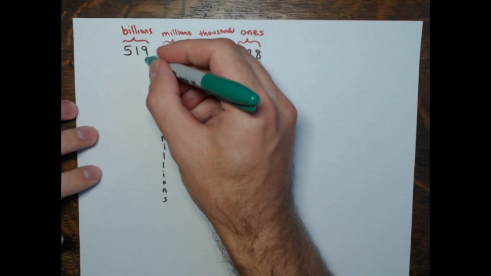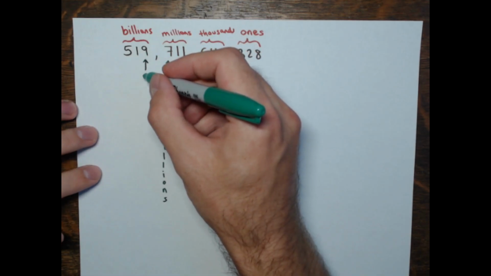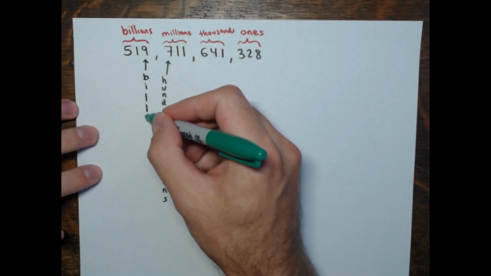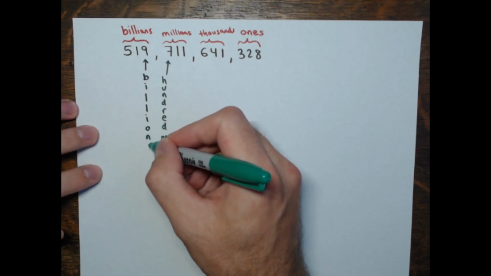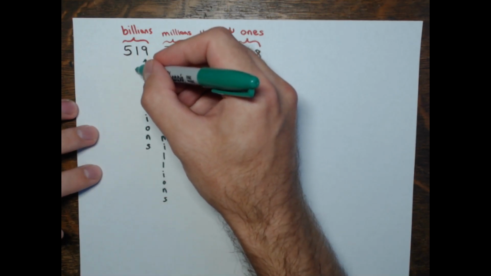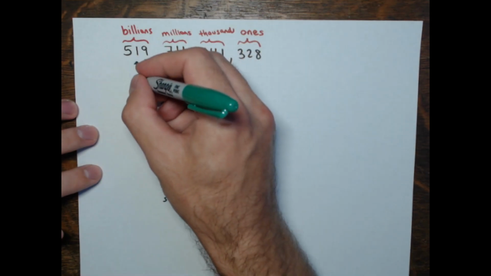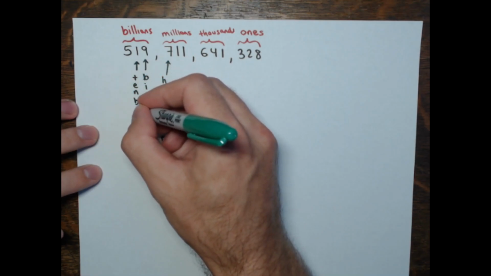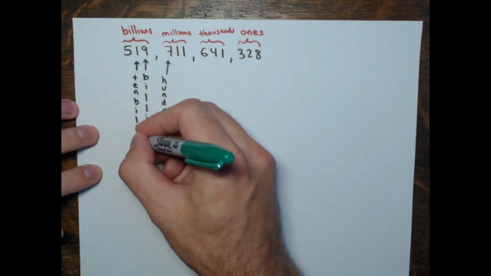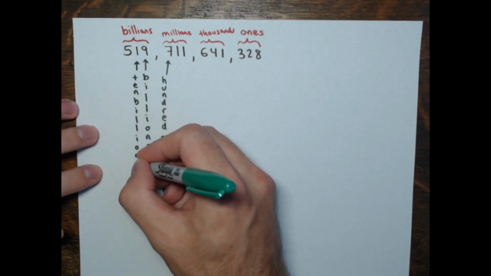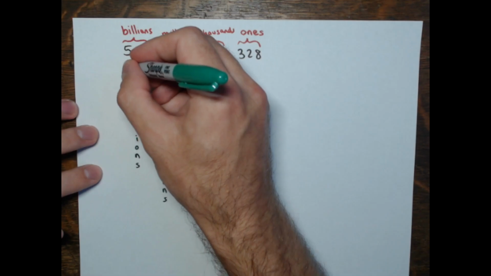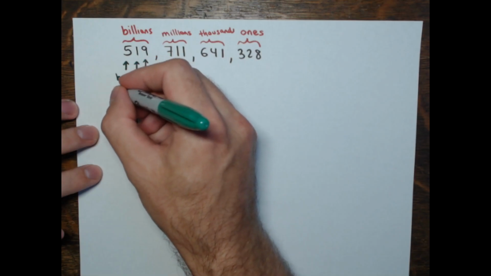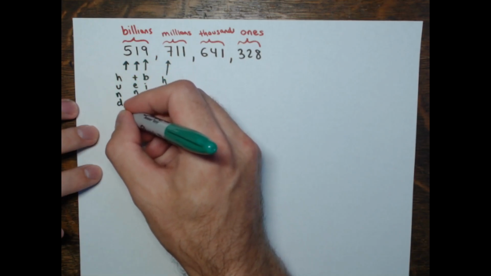And so this 9 would be in the 1 billions place. This 1 would be in the 10 billions. This 5 is in the 100 billions place.